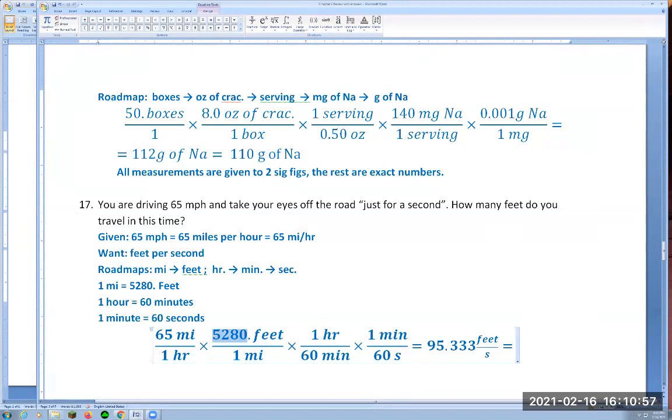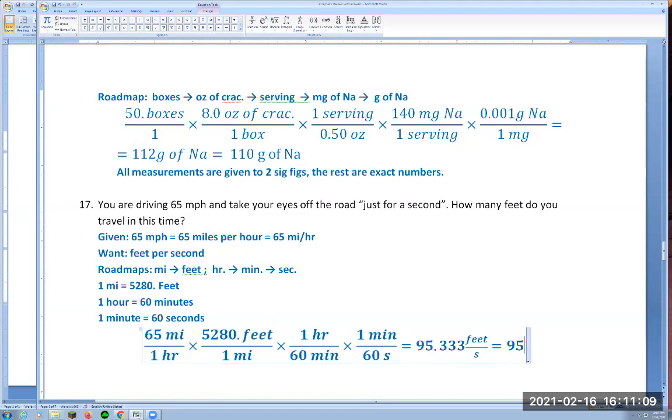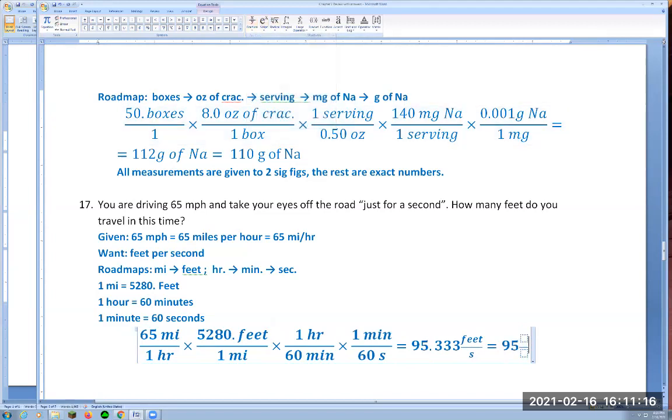And the miles per hour, so the per hour is exact, and 65, there is 2 sig figs there. So we are limited to 2 sig figs because of the 65. So we want to keep the 9 and the 5, and that's it. That's 2 sig figs. And then we need the unit of feet per second.